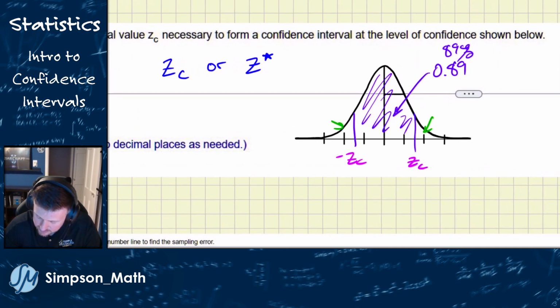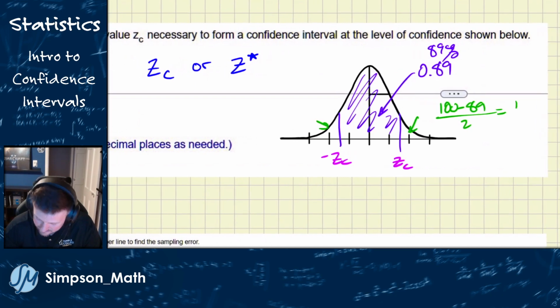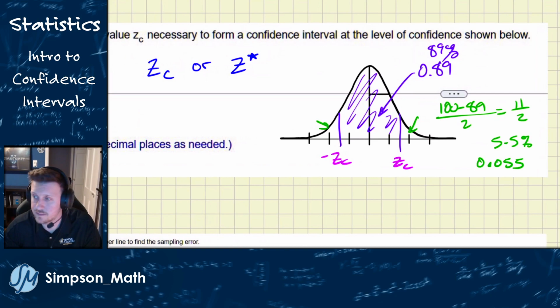It's a little bit weirder, so I'm going to do 100 minus 89 and then half it. So that's 11 halved, or 5.5%. So as a decimal, that's 0.055. Yeah, 0.055 on both ends.